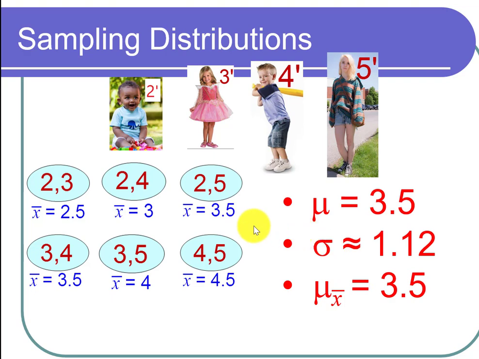I can also take the standard deviation of these 6 numbers, which is sigma sub x bar, because it's the standard deviation of the x bars, and it turns out to be 0.79. Notice the standard deviation of all the possible sample means is not the same thing as the standard deviation of the data that we started with. So sigma sub x bar is 0.79, but sigma is 1.12.